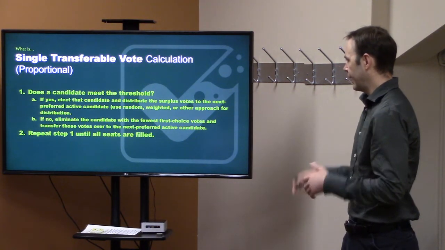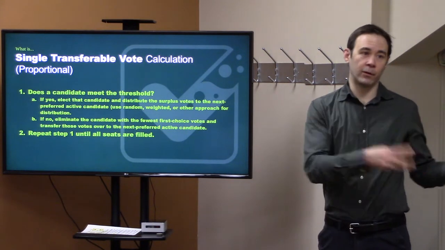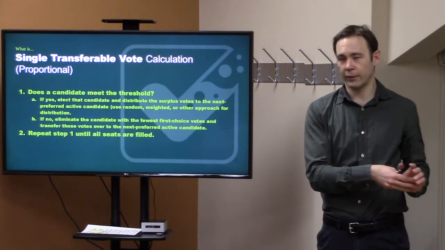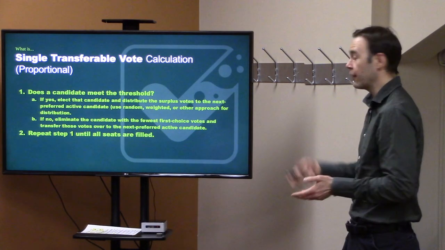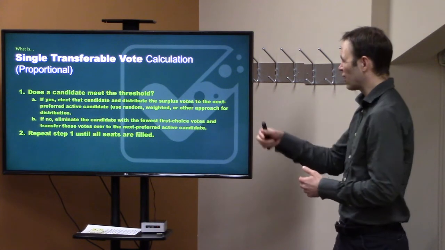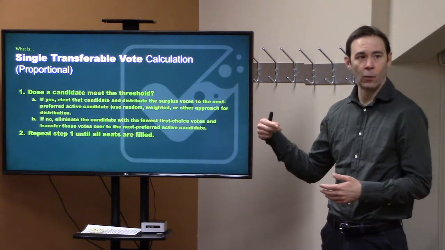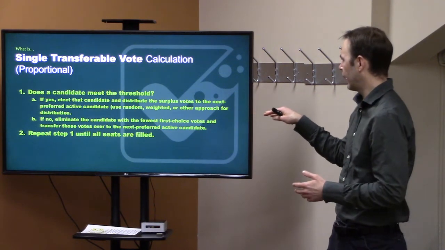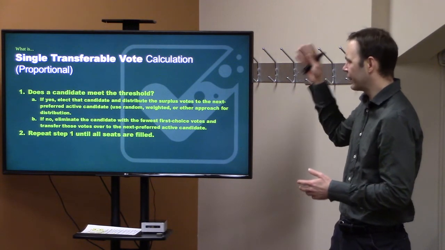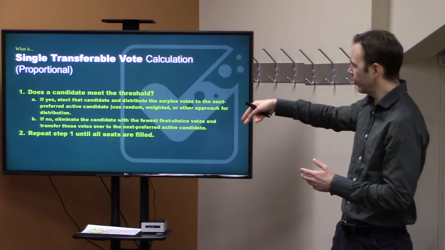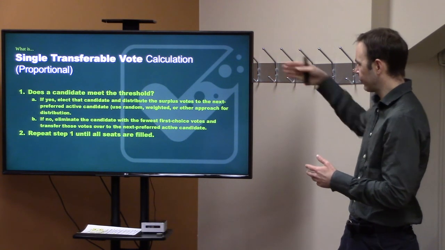So already we're in far more complexity than we were with semi-proportional methods. And even so, I would argue that the party list system, you're just doing that reweighting whenever you get someone elected. In some cases, a reweighting if you got the candidate that you wanted and getting a fraction of your vote back.